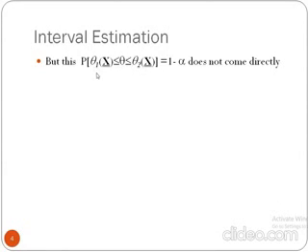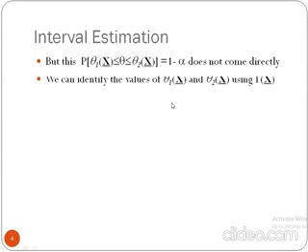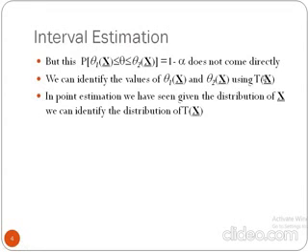Now let us look further into interval estimation. Because we find theta 1 and theta 2(x) where theta is supposed to fall with a given probability, but it does not come to us directly. Rather, we take the help of the statistic T(x) and we find some function of the random sample which comes to us in the form of T(x), or some function of T(x) whose distribution is known to us, because we know the distributional form of x1, x2 up to xn.